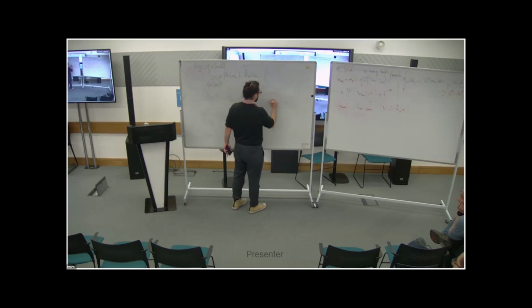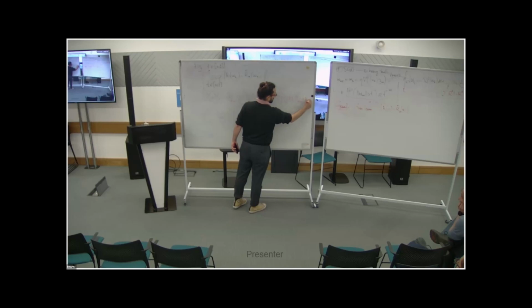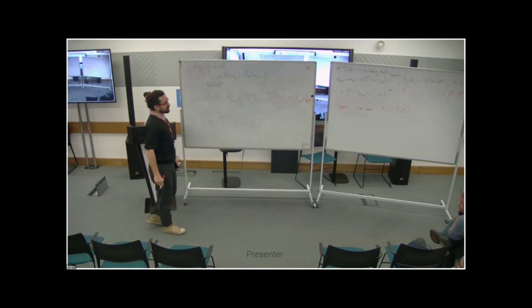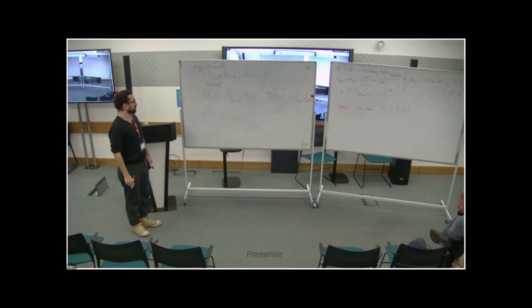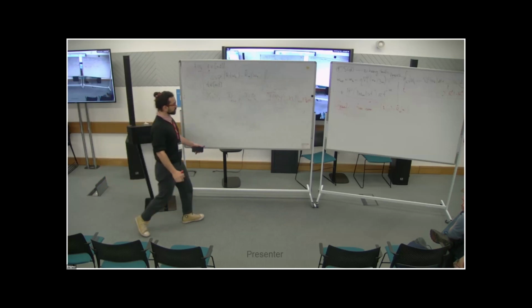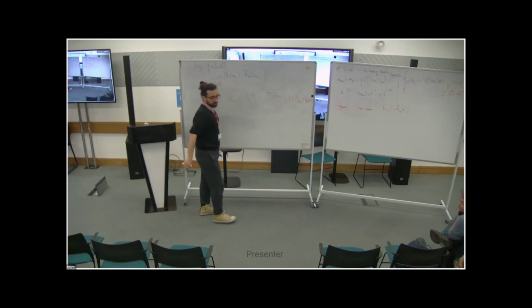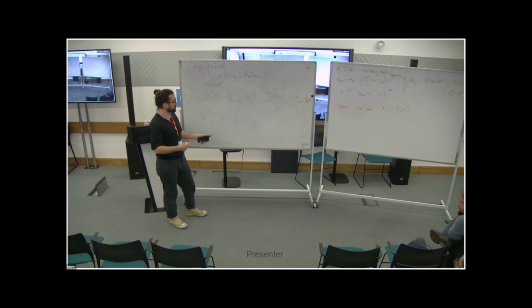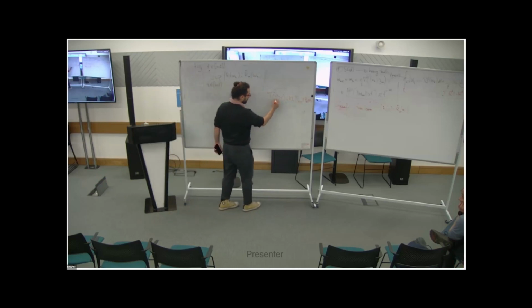We define the mutual information between X and Y as the KL divergence between their joint and the product of their marginals. So this is the mutual information. If X and Y are independent from each other, then this is equal to 0 because then the joint is the product of marginals. So it is a measure of the dependence between two random variables.